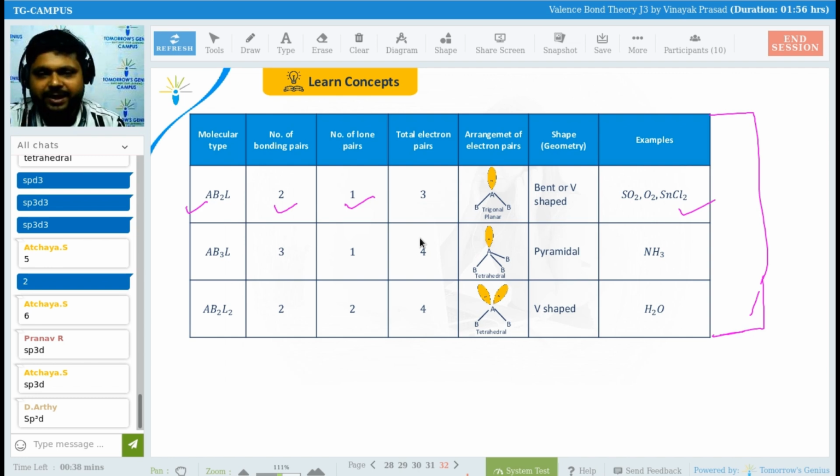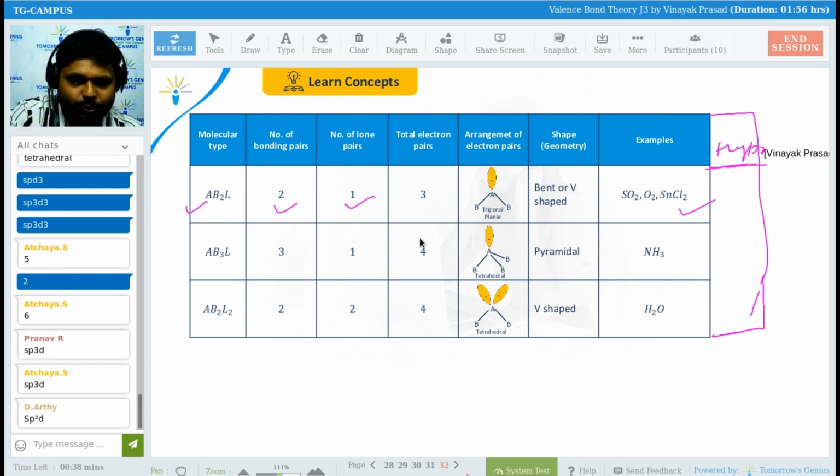Shape you have written. All the geometry has been written here, that is trigonal planar, tetrahedral, again you can see here, right? You can write that, but you can make another column and write the hybridization.